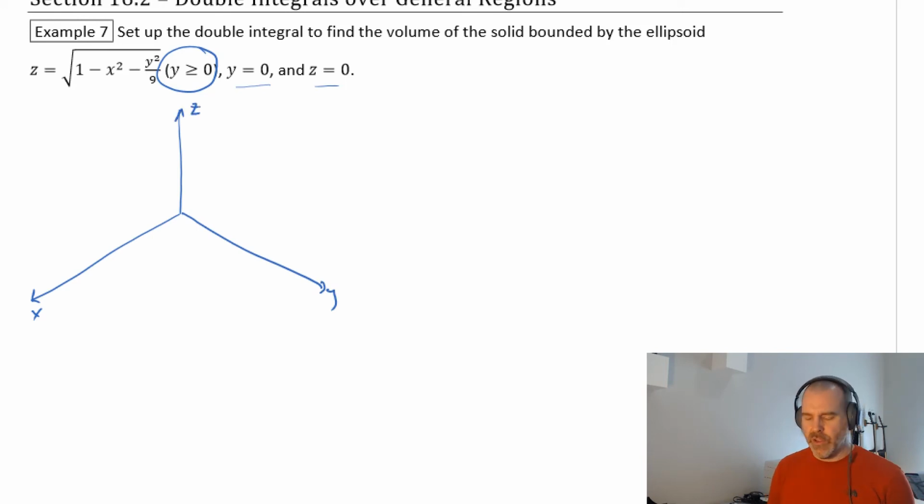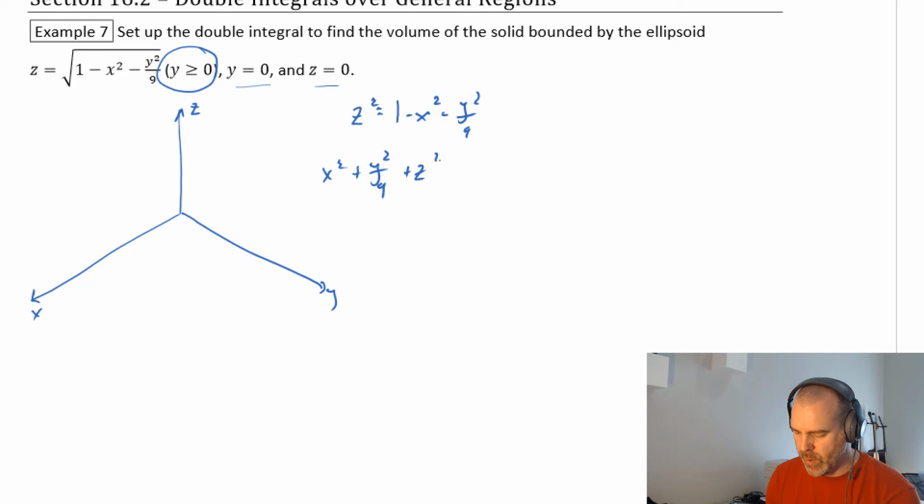The ellipsoid here, if you do the traces, we have z squared equals 1 minus x squared minus y squared over 9. And if we solve to get it in the form we're used to for an ellipse, if we do the traces in the xy plane, we get z is equal to 0.